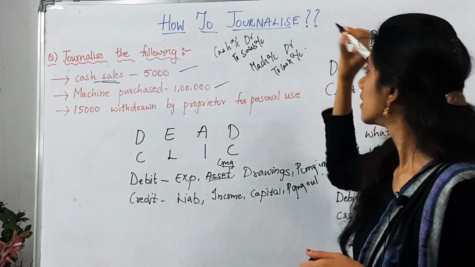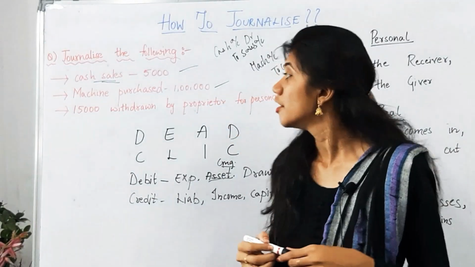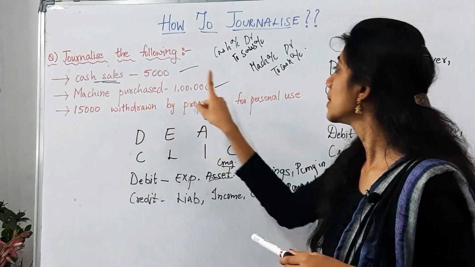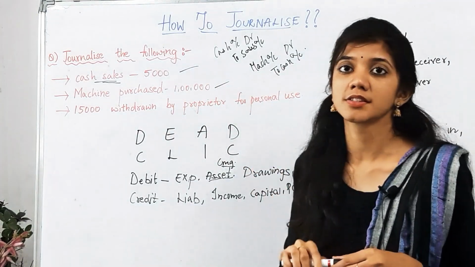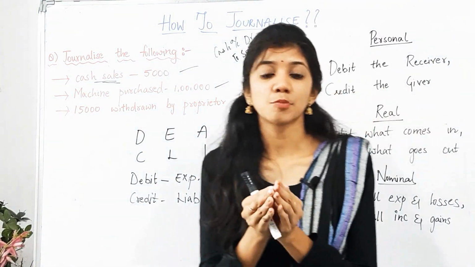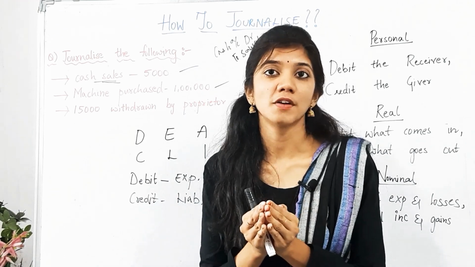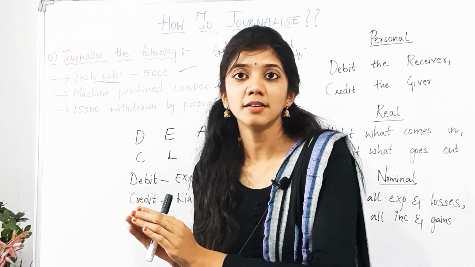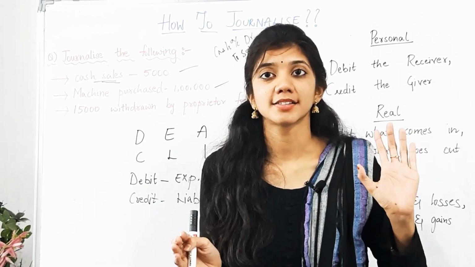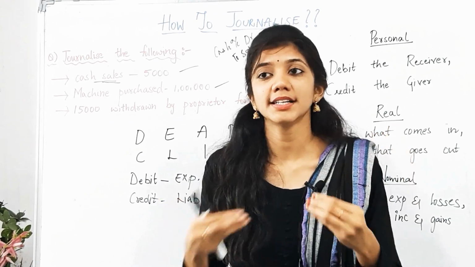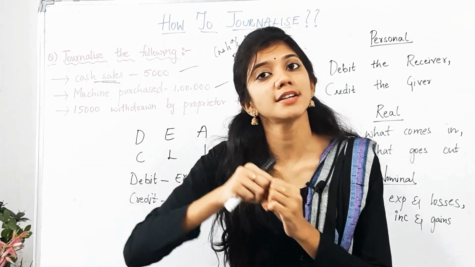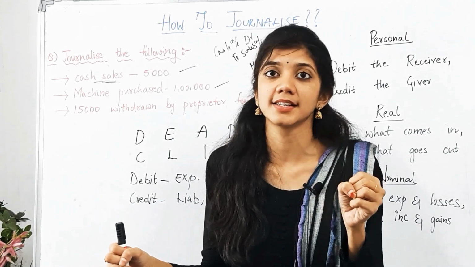And another transaction, 15,000 withdrawn by proprietor for personal use. See, in a business point of view, according to the business entity concept, the owner is different from the business. Even though it is started by the owner itself, the owner is considered as a separate person from the business.